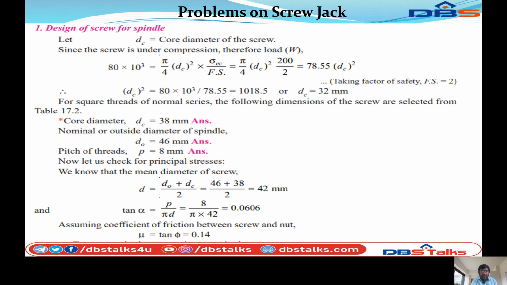For square thread of normal series, the following dimensions of the screw are selected from the table. So we can see the tabular column. For dc equal to 32, we can see the tabular column in the Jananardhan data book.